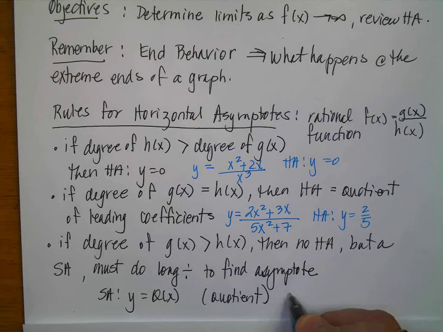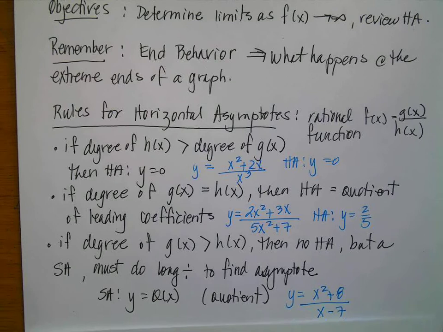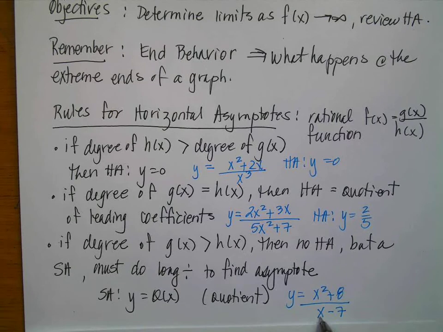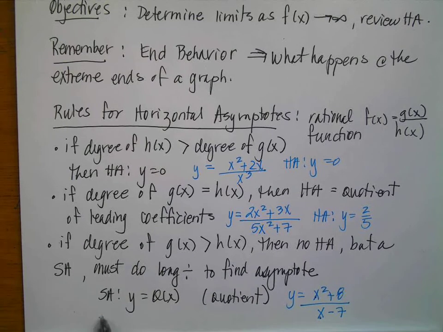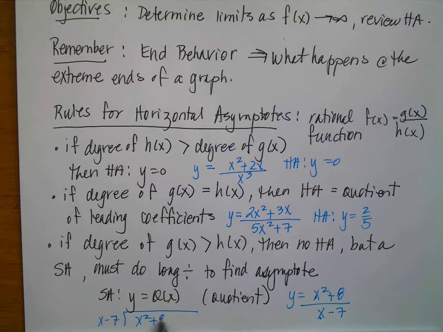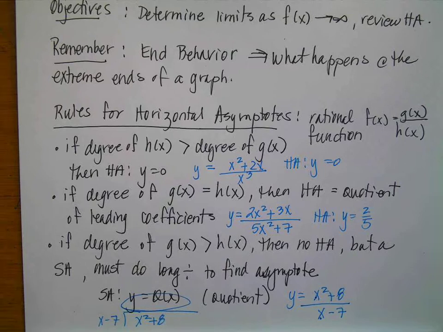So let's say if I had y is equal to x squared plus 8 divided by x minus 7, I would know that I have a vertical asymptote, but I'm also going to have a slant asymptote, right? And so I would divide x minus 7 into the x squared plus 8, and then the quotient would be your slant asymptote.